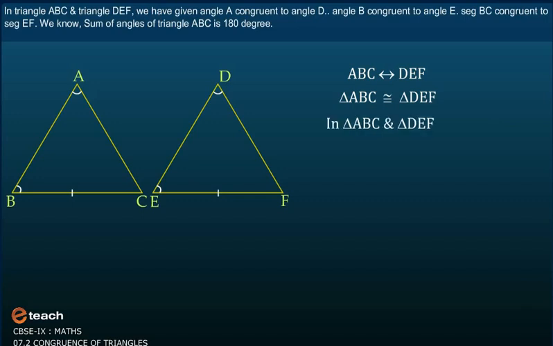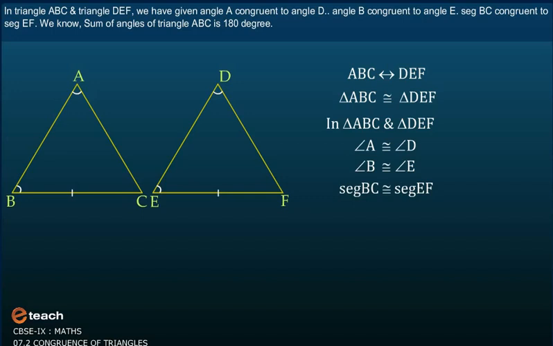In triangle ABC and triangle DEF, we are given angle A is congruent to angle D, angle B is congruent to angle E, segment BC is congruent to segment EF.